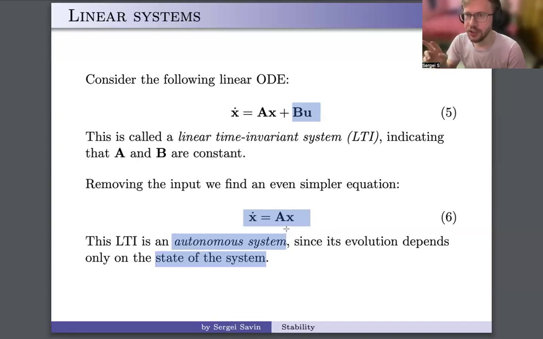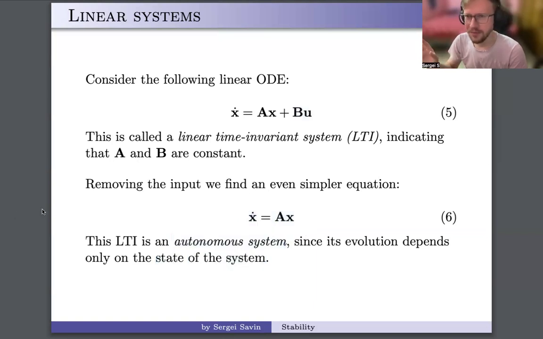If we know the initial state, we know the whole trajectory of the system. So two trajectories, if they're distinct, would never cross each other, because if they crossed, they would share a single state. If they share a single state between them, it means that they would have to follow the same path forward. That is quite interesting. Autonomous systems depend only on the state.